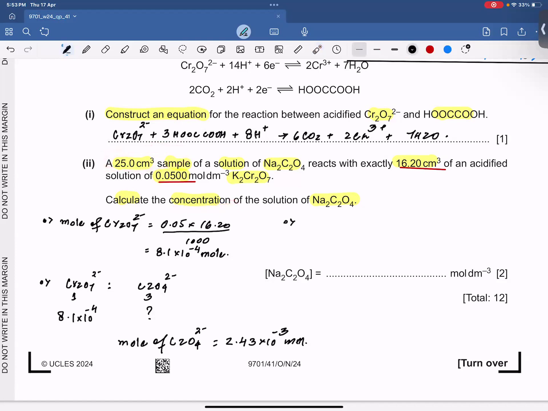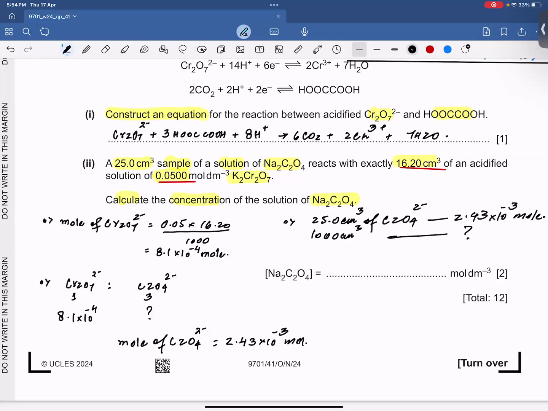So the next step, 25.0 cm cube sample of C2O4 2 negative contain 2.43 into 10 to the power minus 3 moles. Let's compare it with 1000 to get the concentration.